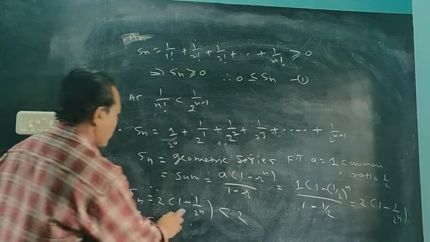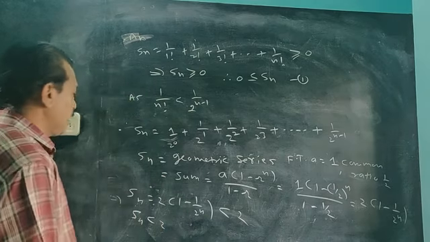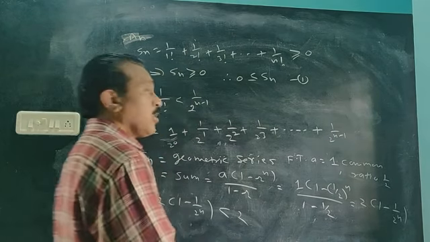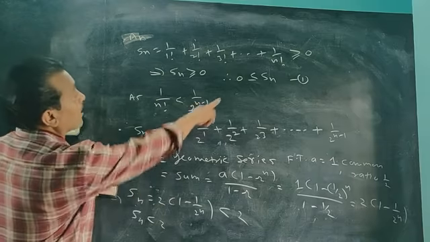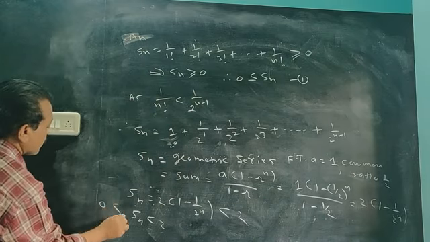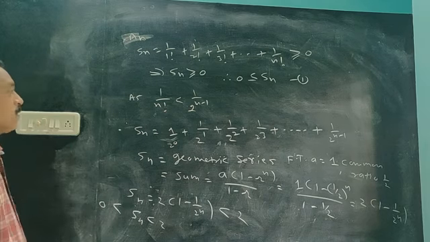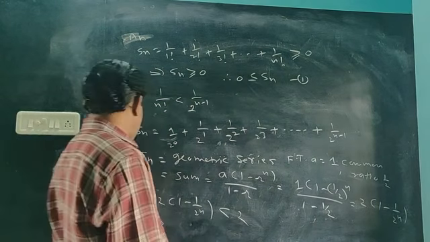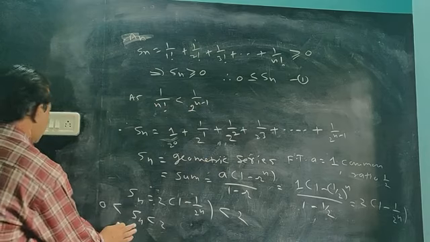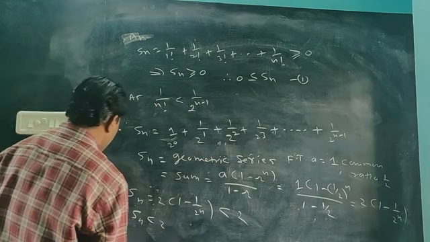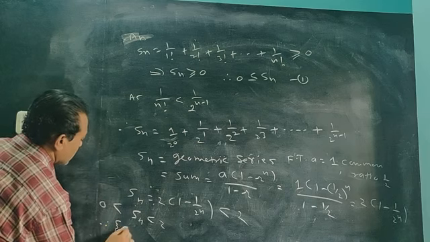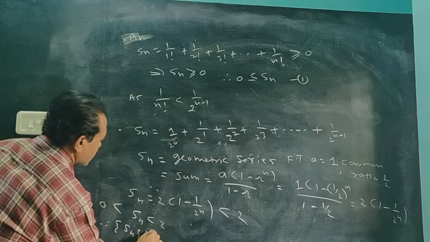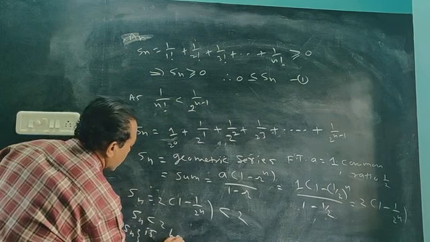This holds for every term, n equal to 1, n equal to 2, any value. It is less than 2, and already greater than 0. Greater than 0 and less than 2 means bounded: Sn lies between 0 and 2. So the sequence Sn is bounded.